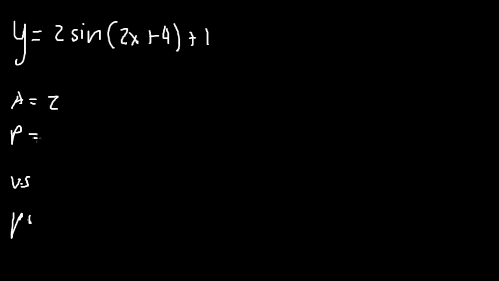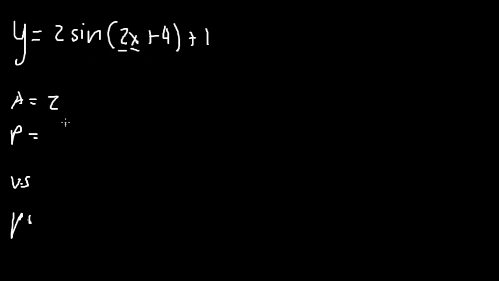Now, period. The formula for period is 2 pi over b. Tandaan natin na ang b natin will always be to the left ng ating variable. In this case, ang variable natin ay x. So, ang ating b is equal to 2.